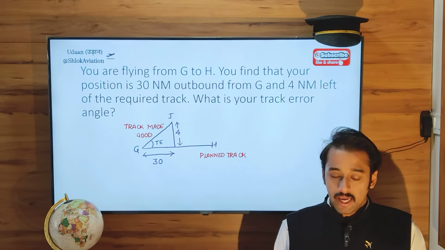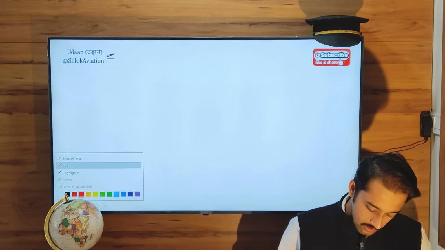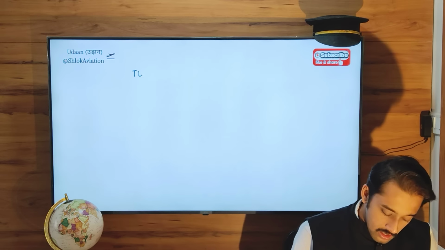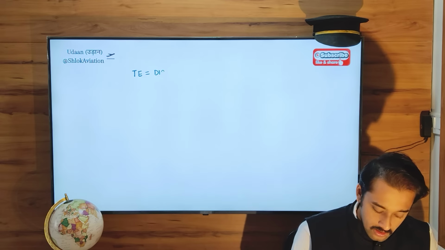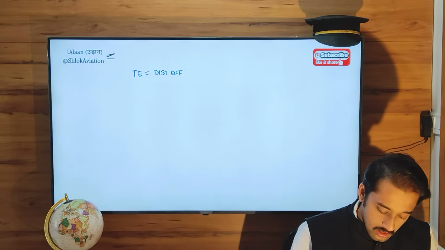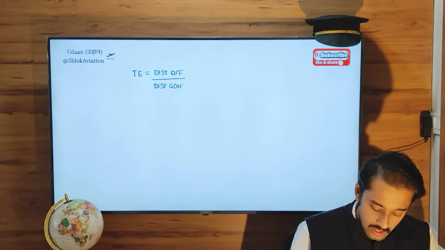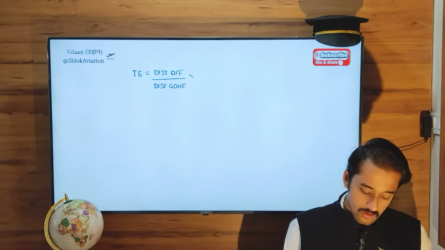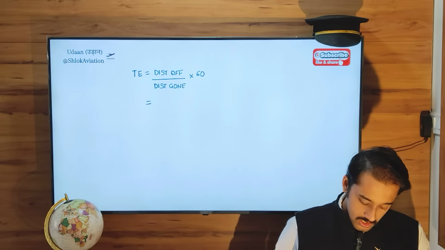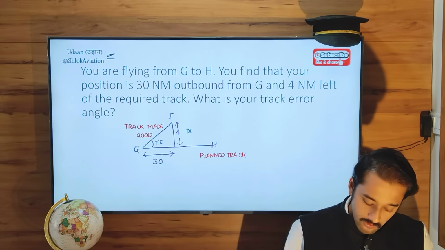And now we have to find track error angle. So track error angle equals distance of track divided by distance gone into 60. So what is distance of track? It is 4 nautical miles.